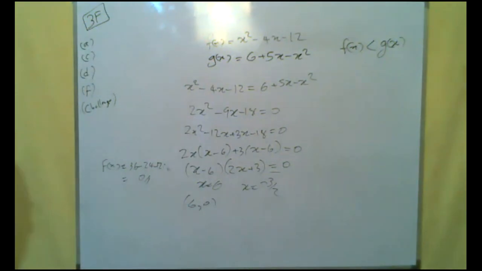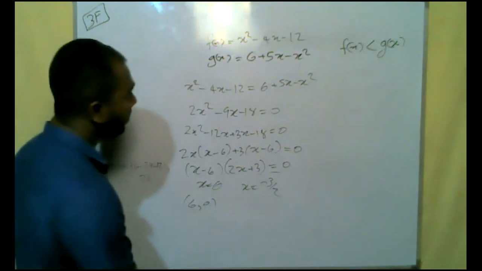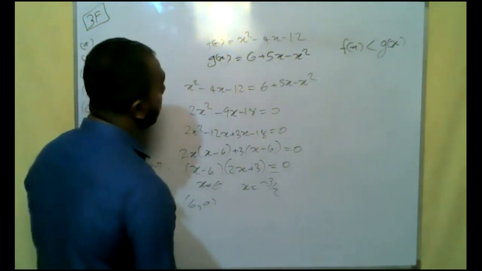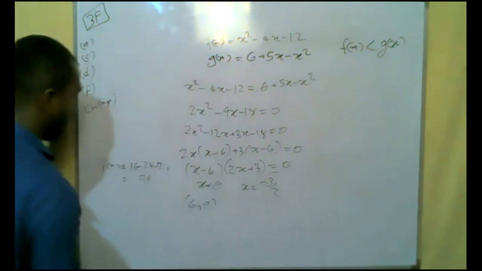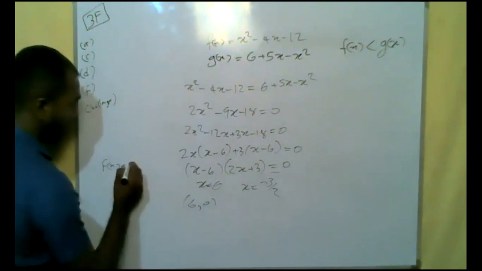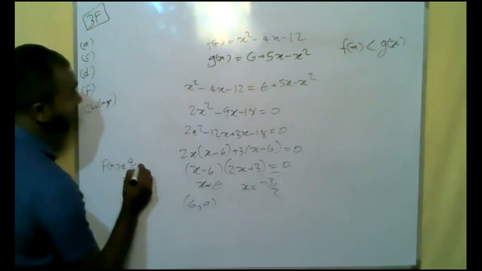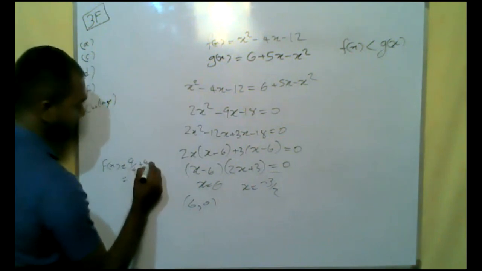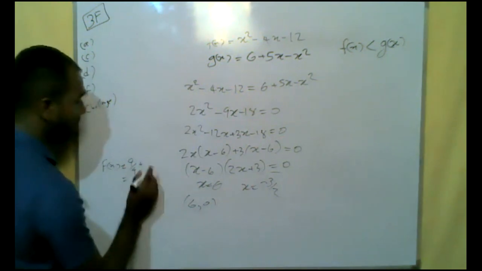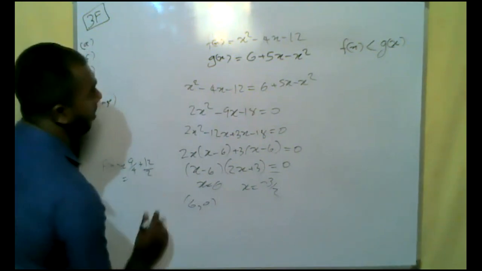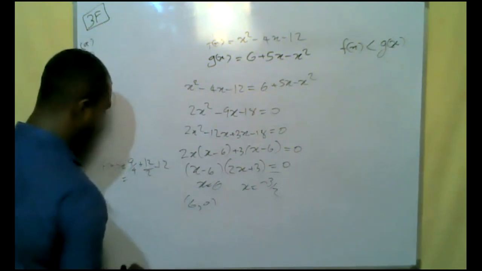And what is the other point? It is x equals minus 3 over 2. Then we have 9 divided by 4 plus 4 times 12, 12 over 2, minus 12.